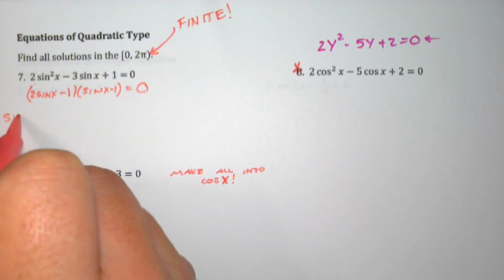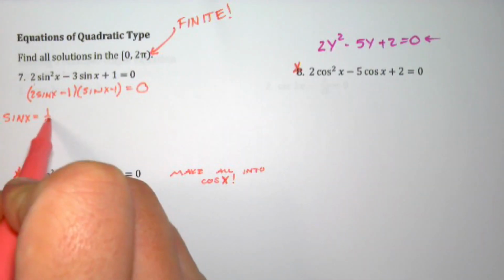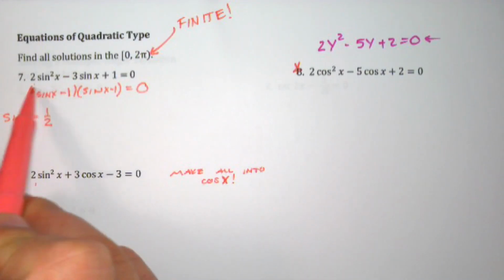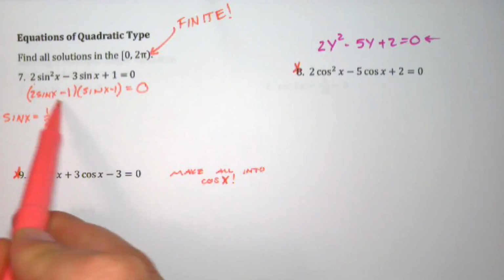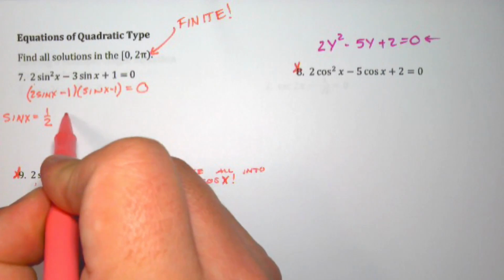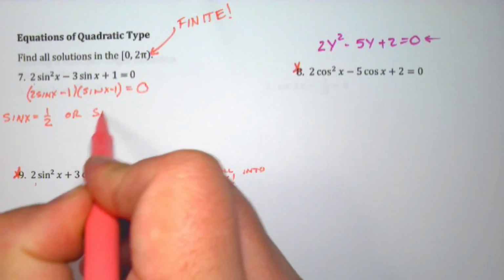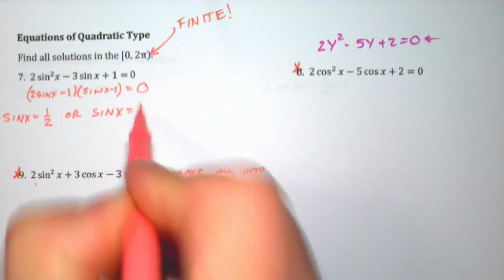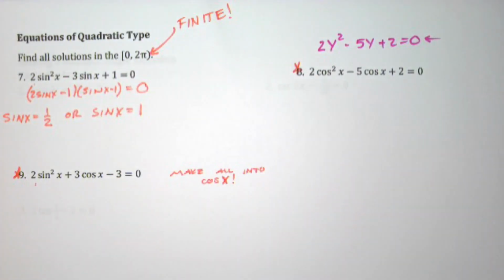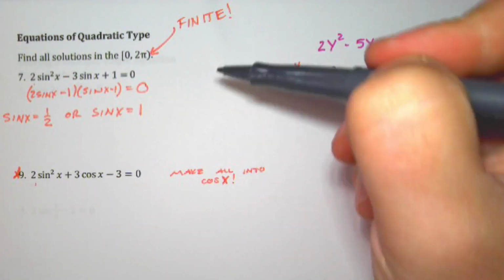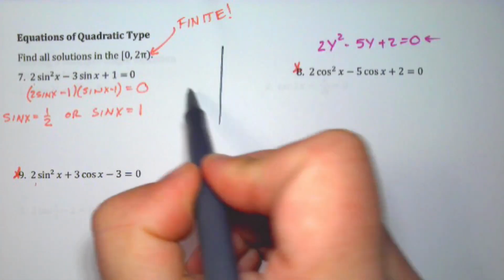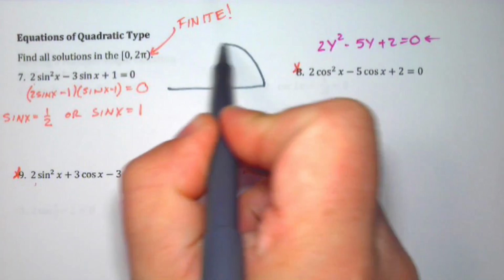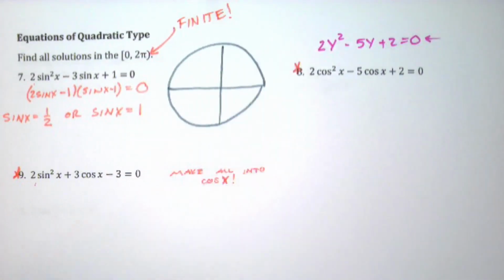So that means sine of x is going to give us 1/2 from the first, right? Because if this is equal to 0, you add the 1, divide by 2. Or sine of x equals 1. Now, again, we're always looking at the unit circle for this first half of 5.3.